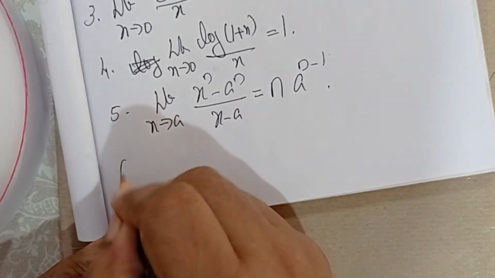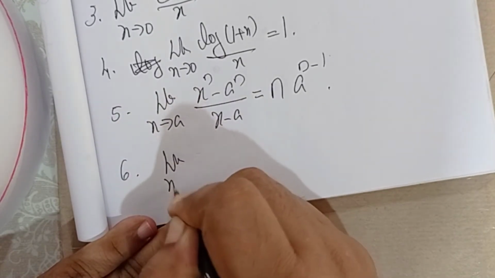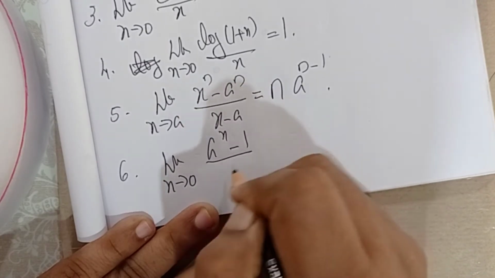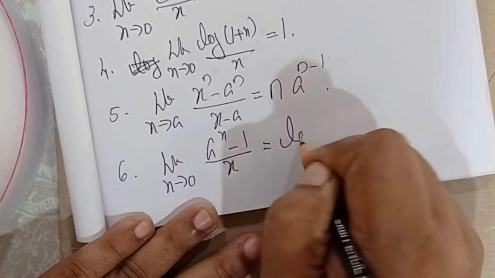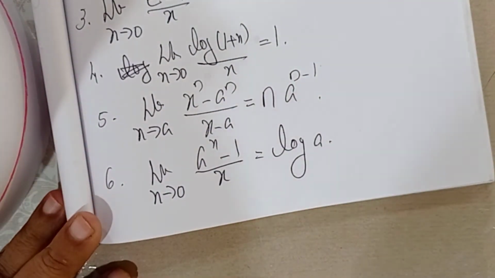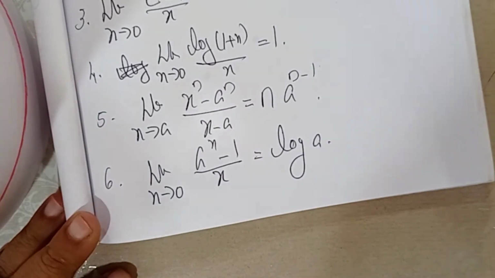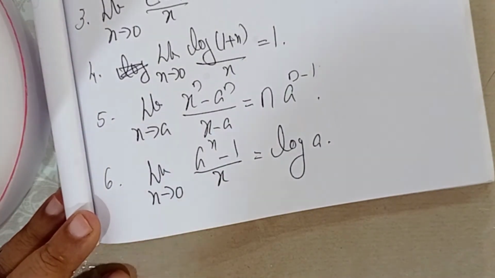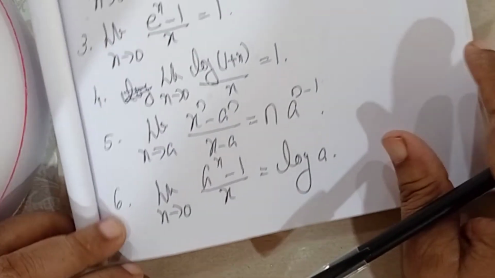You already studied these limits in the 11th standard, isn't it? And the last one, limit x tends to 0, (a raised to x minus 1) by x is log a. Now, first all of you study these properties. Understand? Now we can do problems one by one.